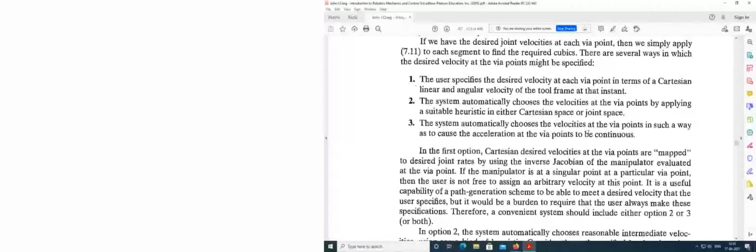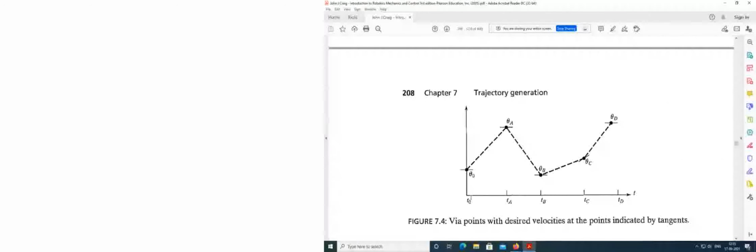For example, this is t and this is theta. Maybe due to some constraint or some reason, between t equal to t naught to ta, we need to vary theta like this. Then from ta to tb, we need to vary theta like this, then in this interval like this, and in this interval like this.